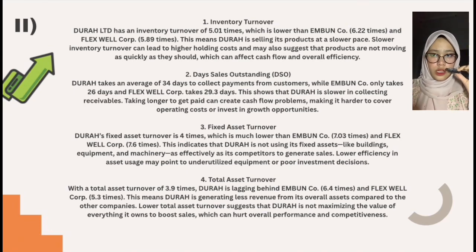This means Dura is selling its products at a slower pace. Slower turnover can lead to higher holding costs and may also suggest that products are not moving as quickly as they should, which can affect cash flow and overall efficiency.